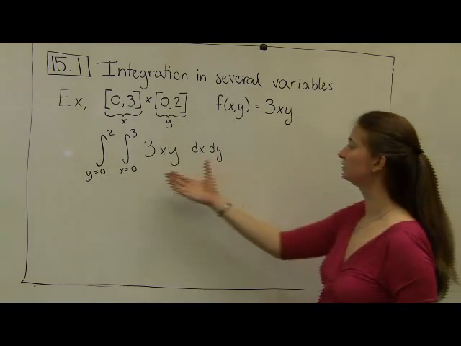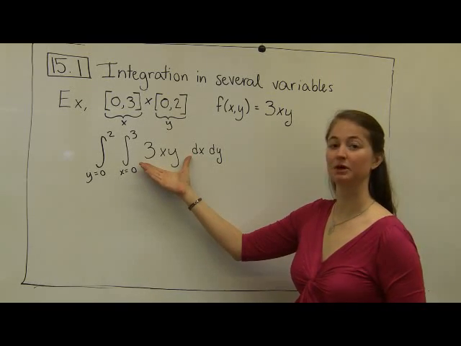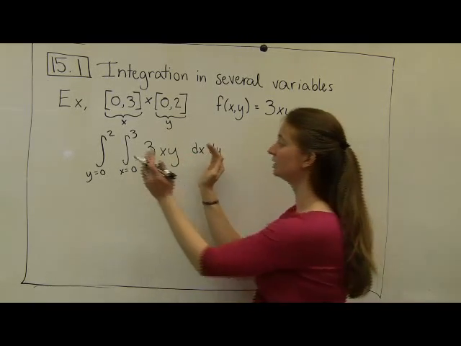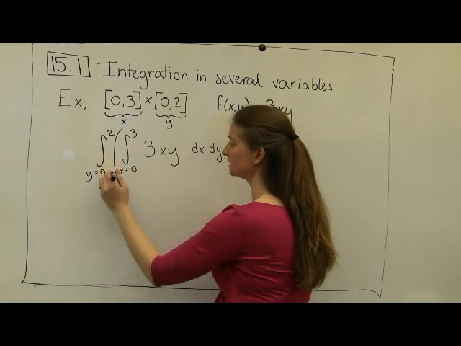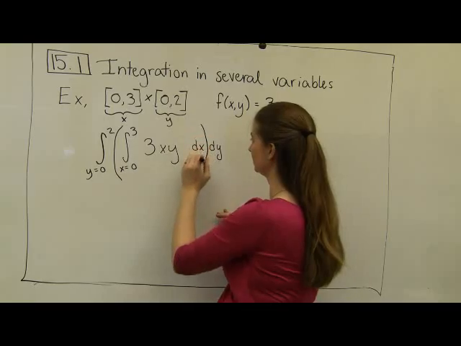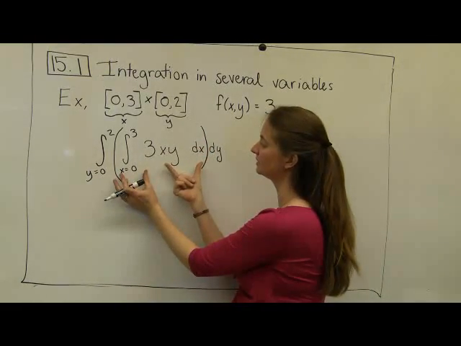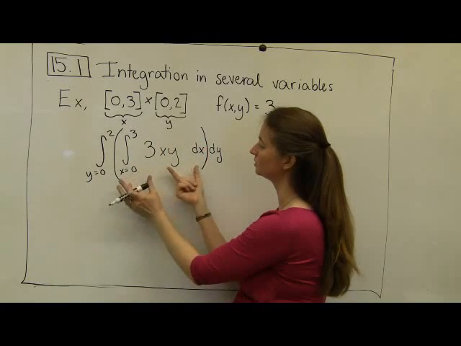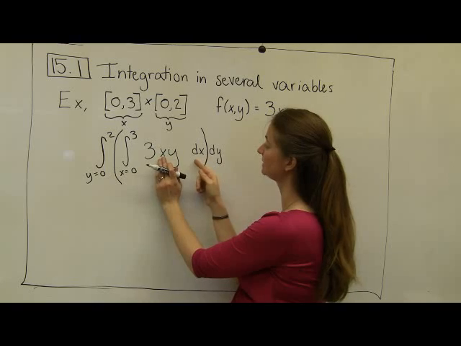So how do I actually compute this integral? Algebraically, it's similar to the concept that we had with partial differentiation. I'm going to start at the inside and work my way outwards. So starting at the inside, I could think of putting parentheses here. You don't need to do that. But I'm thinking to myself, this inner integral is what I'm going to compute first, and the inner integral is an integral with respect to x.